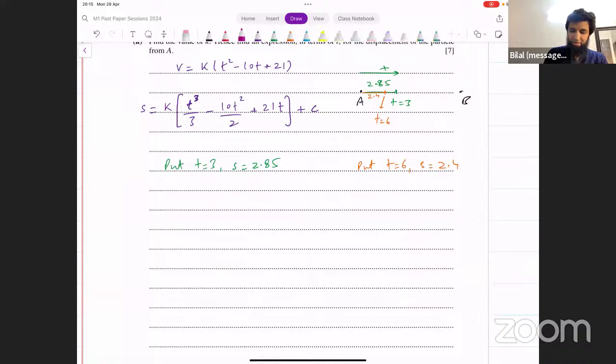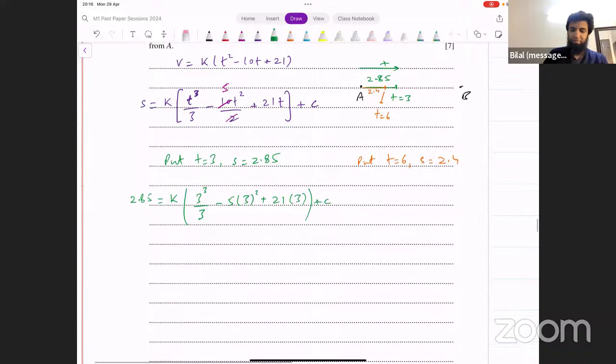In this integral, 2 and 10 will get cancelled to give you 5. And now let's input those values. In place of S, you input 2.85. On the right side, you've got k into t cubed, that means 3 cubed divided by 3, minus 5 into 3 squared, plus 21 times t, plus c.